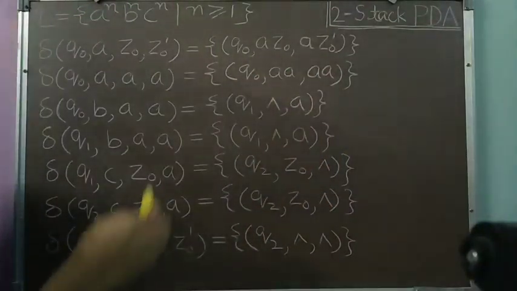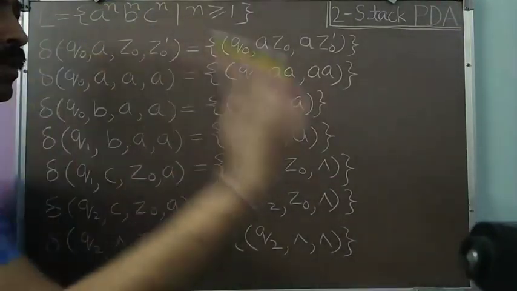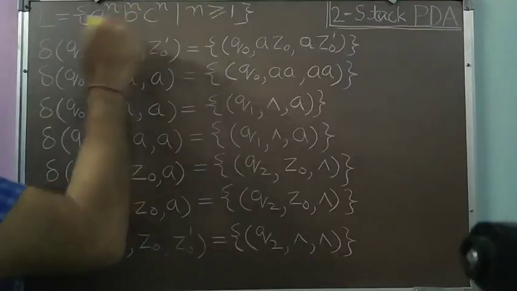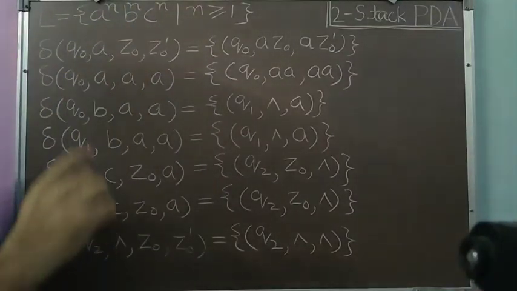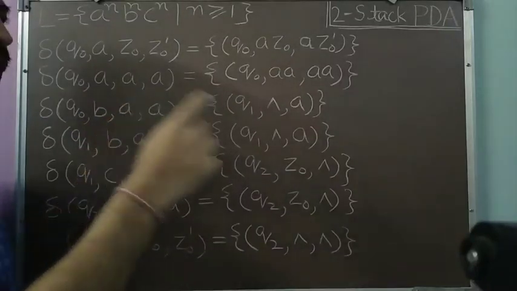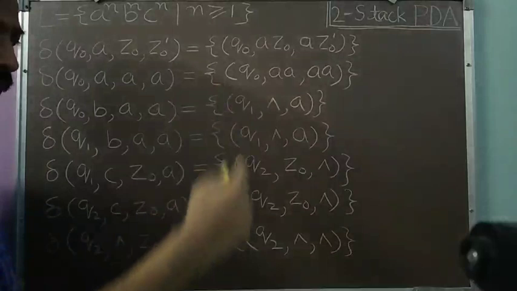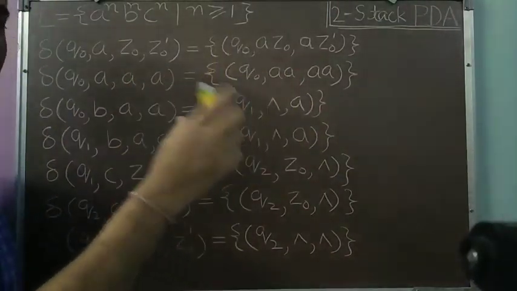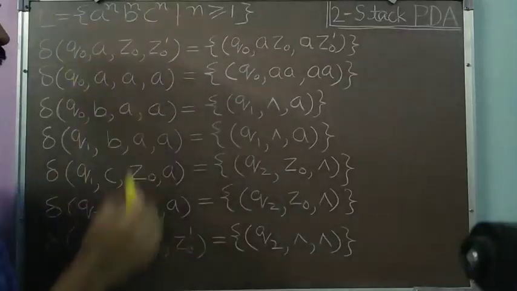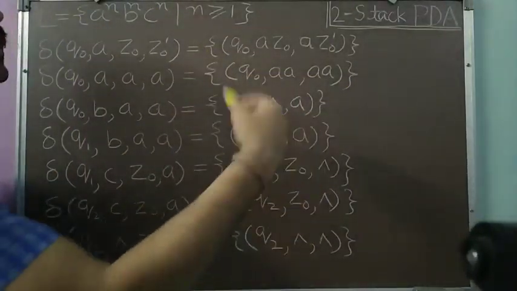So we will push A's on both the PDS, and when we start getting B's in our input, corresponding to each B, we will match it with the A's stored on one of the PDS, and the other PDS we will keep as it is. When C comes, we will match it with the A's stored on the second PDS.